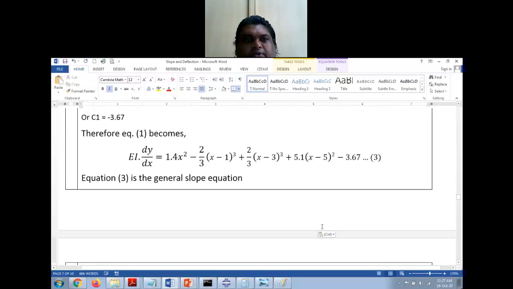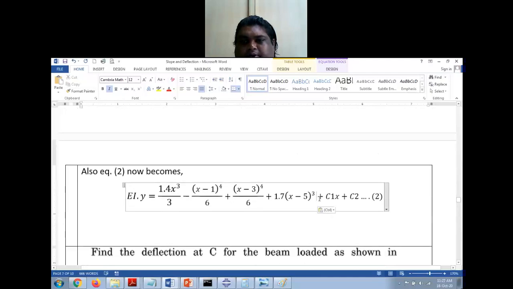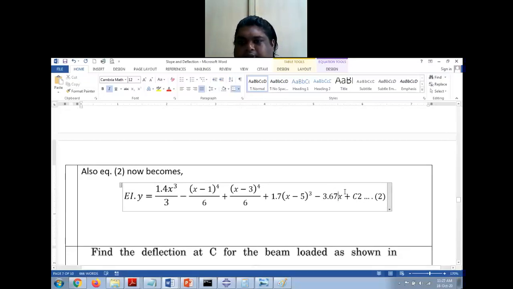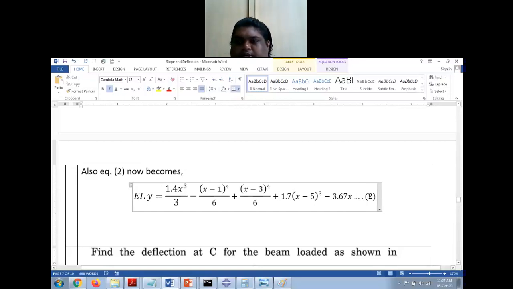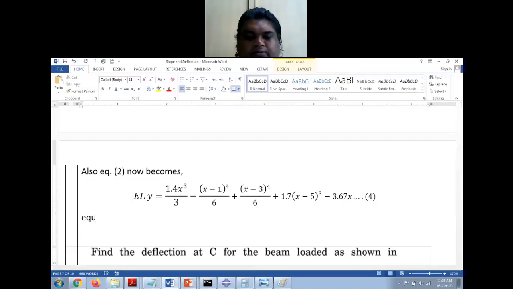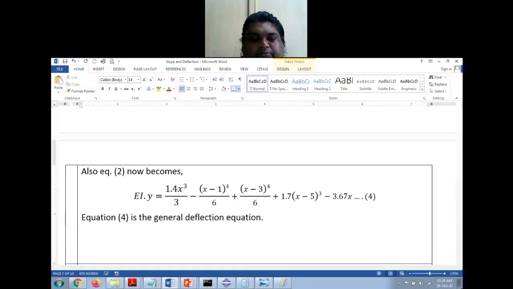C1 is minus 3.67 x, and C2 is 0, so remove that. This will be my equation 4. Equation 4 is the general deflection equation.